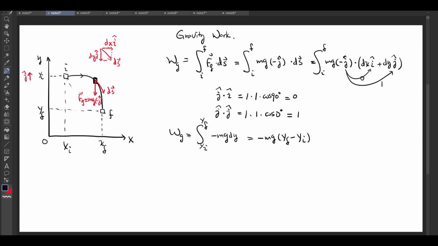Now we see there's no memory about what kind of path we draw between point i and point f. The path could be this one as well, and we will have exactly the same calculation.